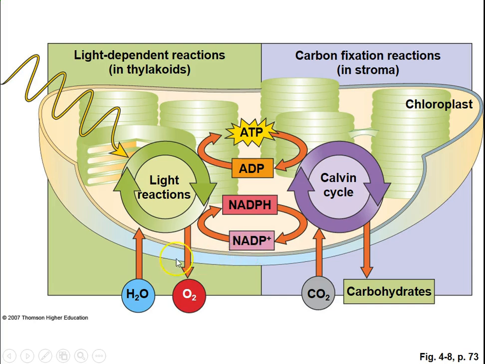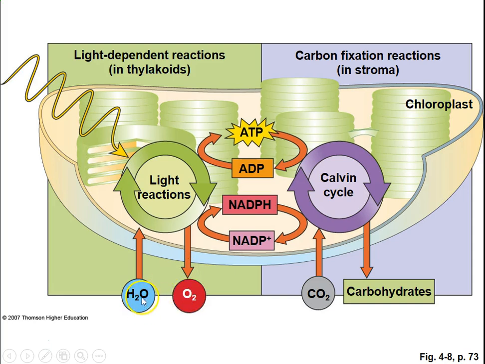And you notice you have the yellow wavy line here indicating light energy coming in, and you have the light reactions, which are the reactions that absorb the light energy, take in water, split that water, and give off oxygen.